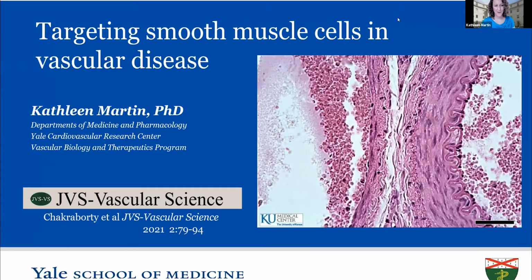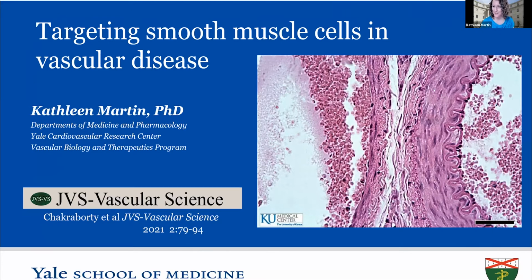Thank you. I'd like to thank the organizers so much for organizing this webinar and for inviting me to present an introduction to the other three talks, based on a review article that we recently published in JVS Vascular Science called Targeting Smooth Muscle Cells in Vascular Disease. We all know smooth muscle cells are really remarkable cells.